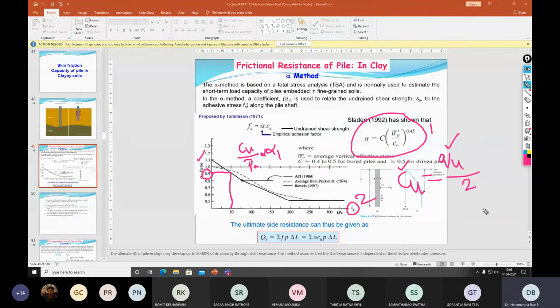This is the difference you need to understand. Here the Su is undrained shear strength, not the undrained cohesion. But if nothing is mentioned, you can presume both are the same and write a statement that it is assumed that undrained cohesion is nothing but undrained shear strength. But in reality, they are not the same.